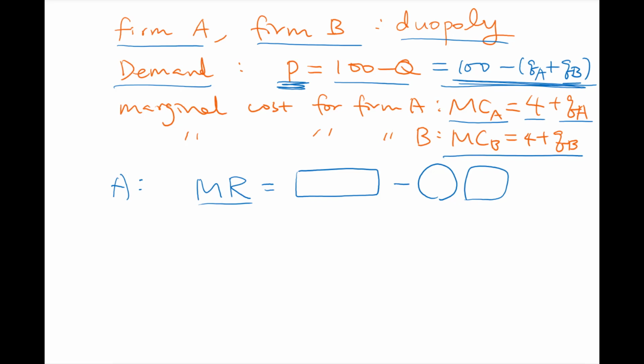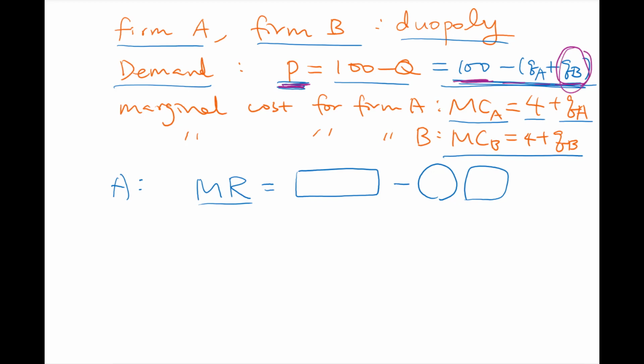If you look here, price equals 100 minus QA minus QB, looking at company A. QB is a constant to company A because company A cannot do anything about the decision on quantity QB.